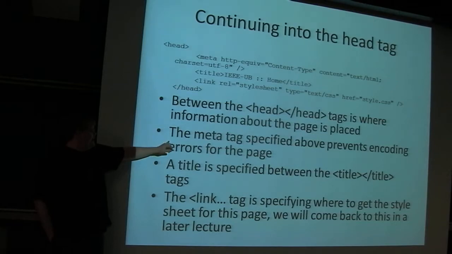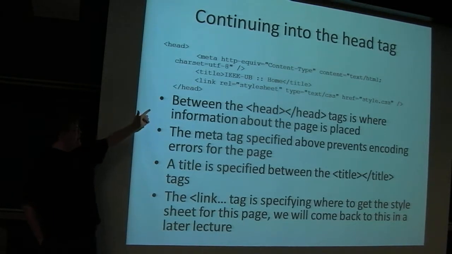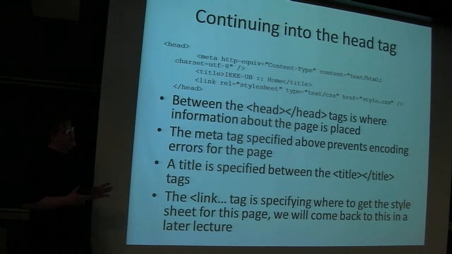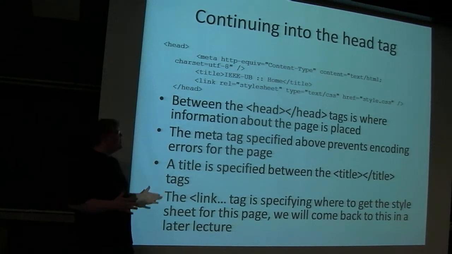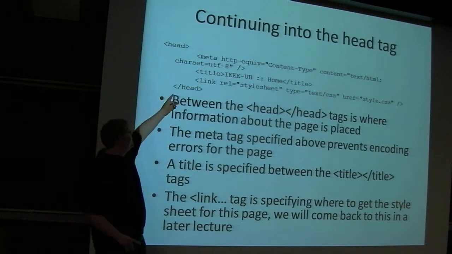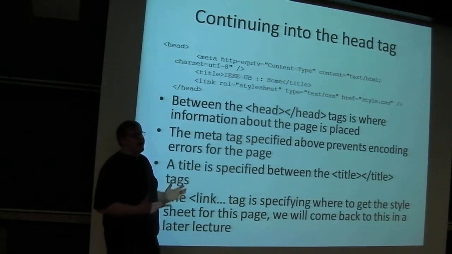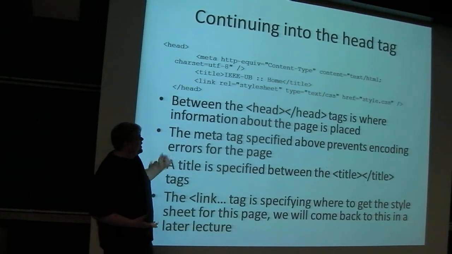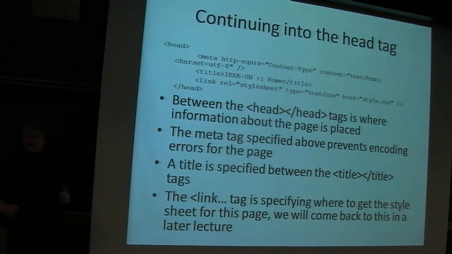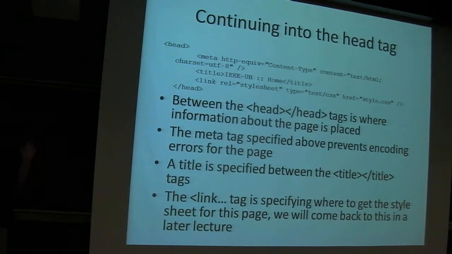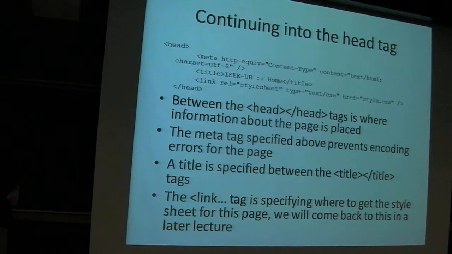The meta tag just prevents encoding errors because it tells us that we're going to follow the international encoding standard. Not so much a font, but encoding type. So it tells us what H is, what E is, and A, etc. Chinese characters are included in UTF-8. So if you want to write a page in Chinese, you're definitely going to need to specify the UTF-8 standard.